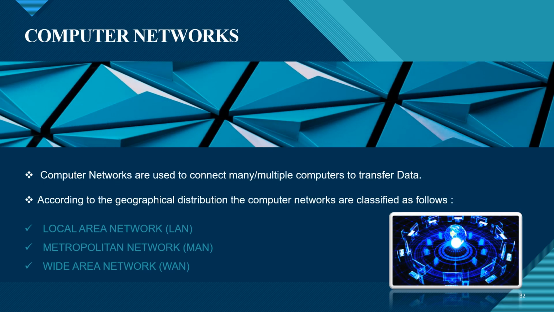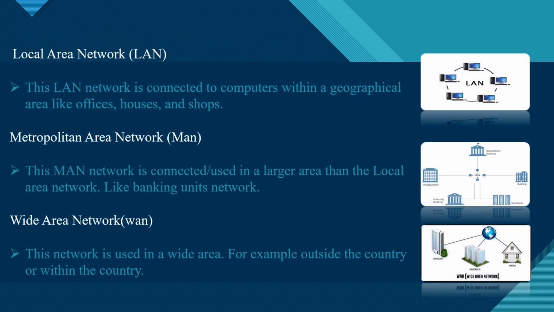Computer networks. Computer networks are used to connect multiple computers to transfer data. According to geographical distribution, computer networks are classified as follows: LAN, MAN, WAN. Local area network, LAN.